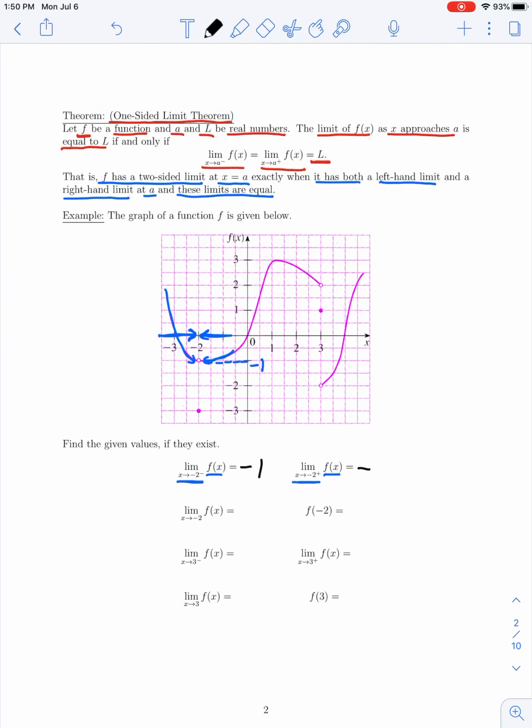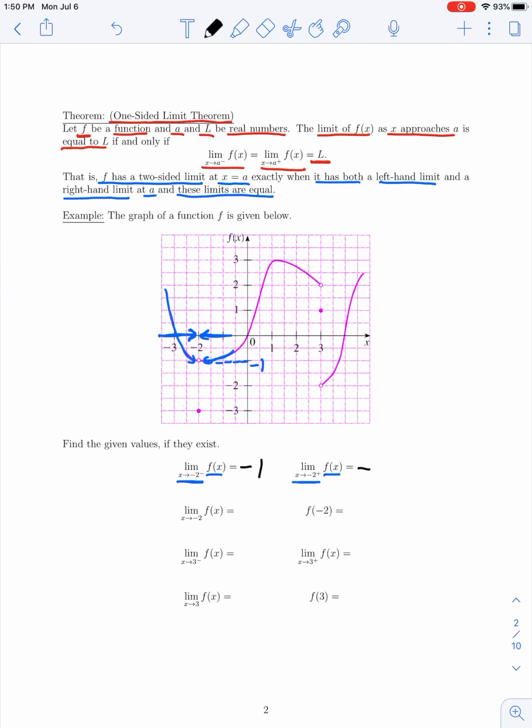And then we're asked for the right-hand limit of f of x as x approaches 3. So as we're closing in on 3 from the right-hand side, if we trace out the corresponding values of our function, we see that they seem to be approaching the value -2. So this right-hand limit would be -2.